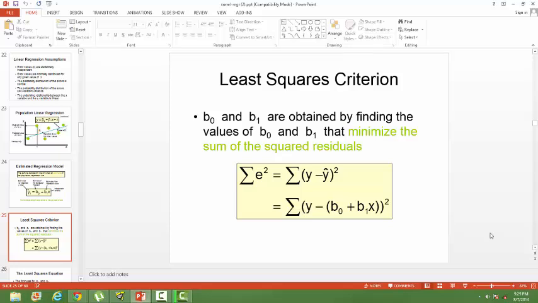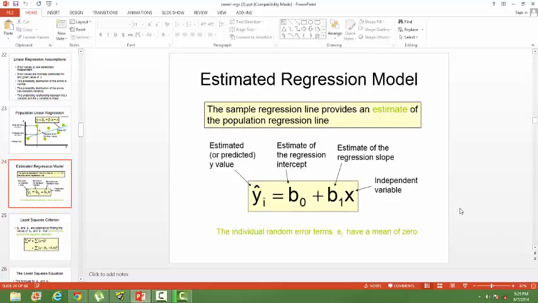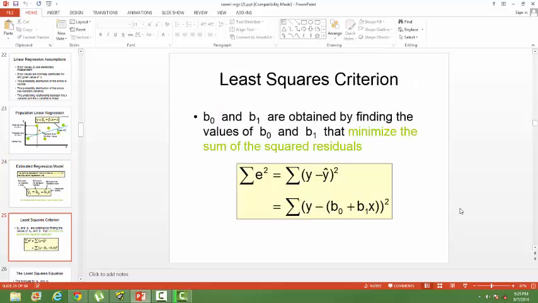I was talking about the least squares criterion, or the OLS regression, ordinary least squares regression. So how do we compute these equations? We compute the error value first. Y is our actual data and y hat is our estimated data. We compute the square of the error and take the summation.